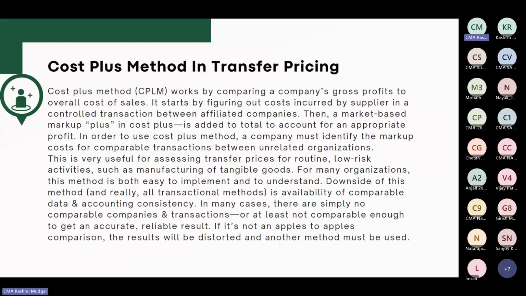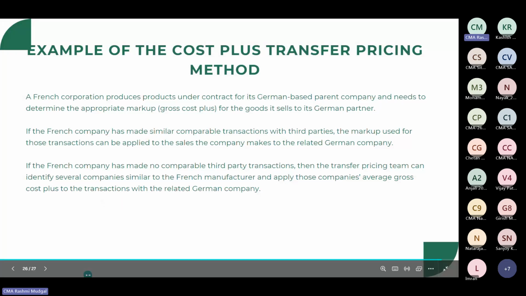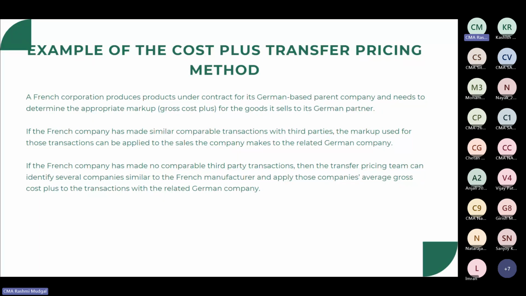Otherwise, apples to oranges, there is no comparison, and always we need to go with a different transfer pricing method. Even though we are using the best judgment method, the best method, there is always a question mark over this, and another method must be used. Okay, examples of cost plus transfer pricing. Do you have any question till now?